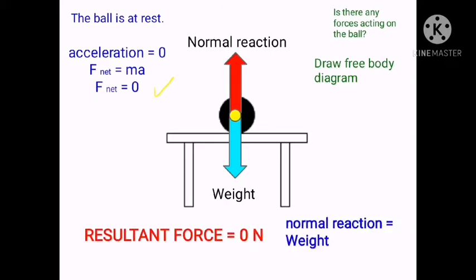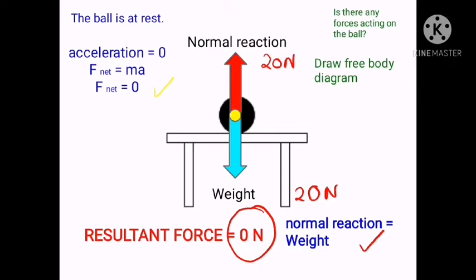In this case, since the resultant force is 0 Newton, we can say that normal reaction is equal to weight. Meaning, if my weight is 20 Newton, then my normal reaction should be exactly 20 Newton.